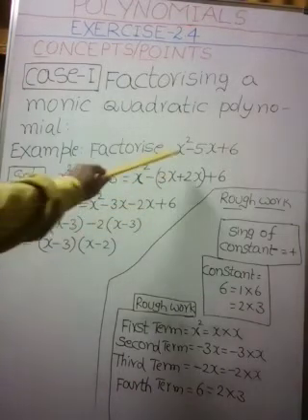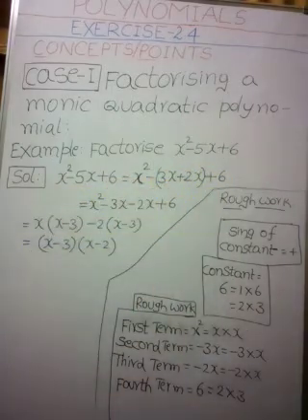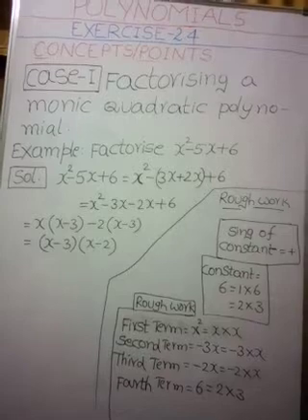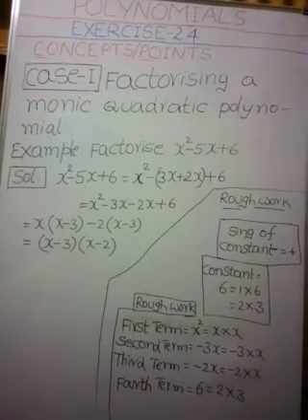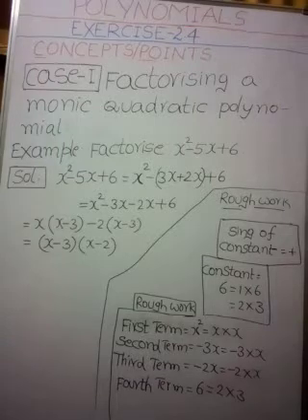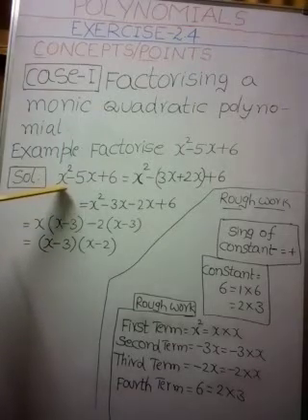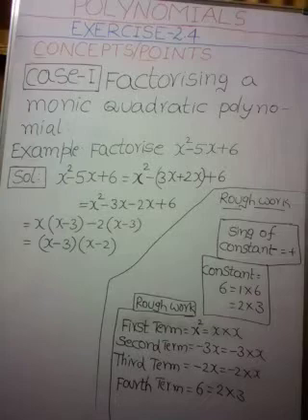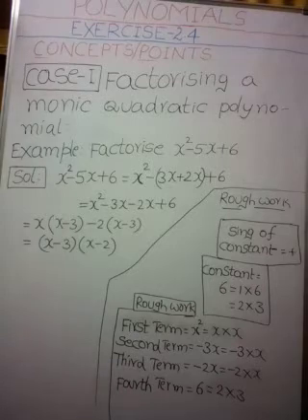Right. Now we are going to factorize this monic quadratic polynomial. Okay, my dear children? Listen to these steps very carefully, my dear children. Okay. By using the splitting the middle term method. Here we are using the splitting the middle term method. Previously I told you, the first one is the factor theorem.